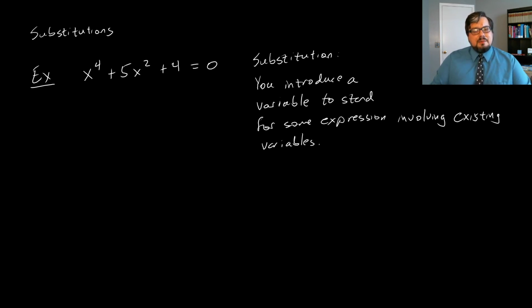So this example, x to the fourth plus 5x squared plus 4 equals 0, we haven't seen anything exactly like this with the x to the fourth, but we've seen things that look sort of like this. This looks like our quadratic equations. And in fact, by using a substitution, we'll be able to write it as a quadratic equation.